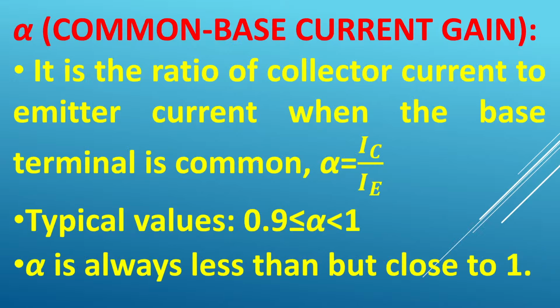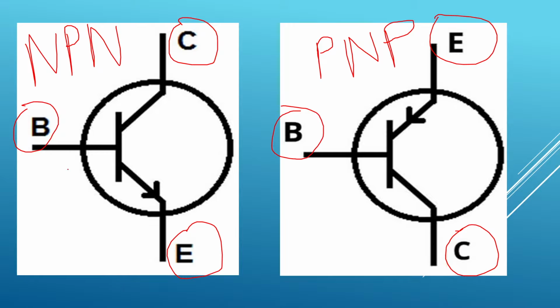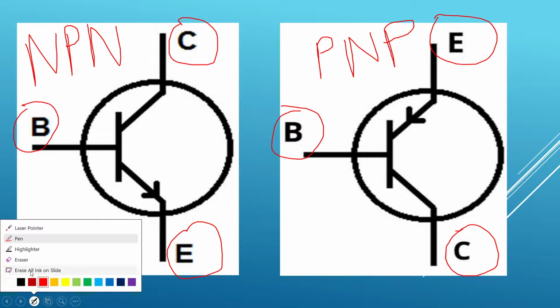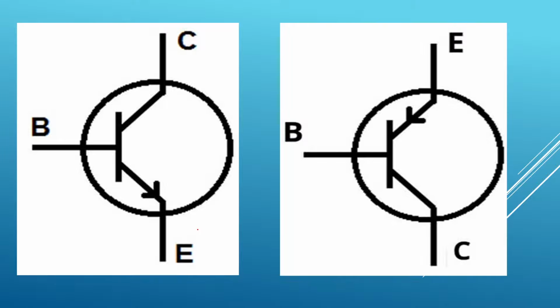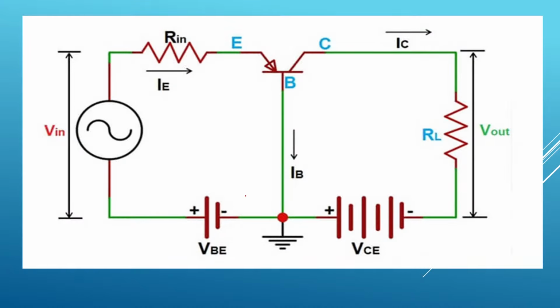You can categorize BJTs into three configurations: common base, common collector and common emitter. In common base configuration, the base is common to both input and output, as shown in this diagram.